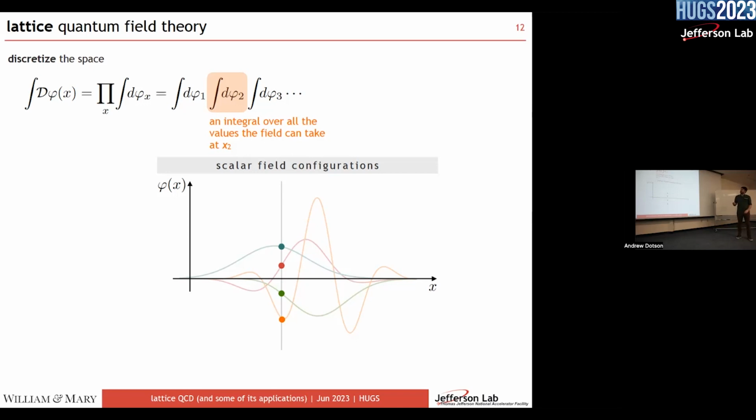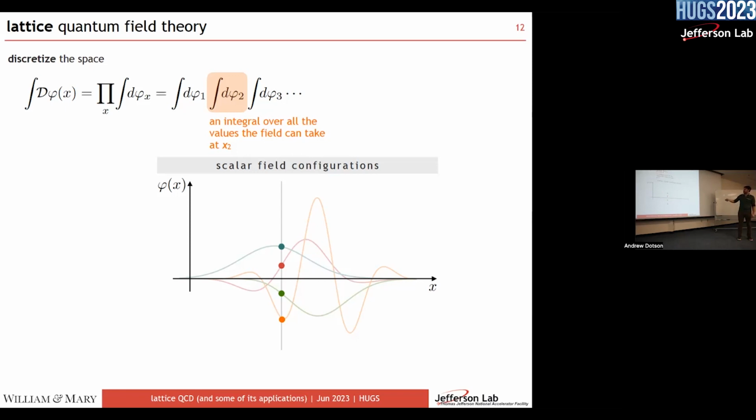The reason this helps is now, if you think about the sum over all fields here, it's going to be a product of the value of the field at each space-time point. So I've tried to illustrate this here. Here are my 4 different configurations. Here's one slice, and you see each configuration has a different value at that slice.